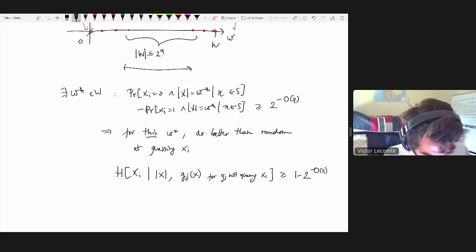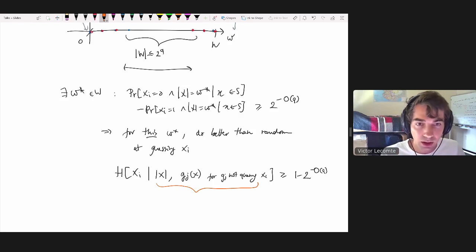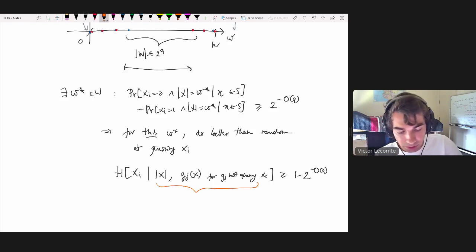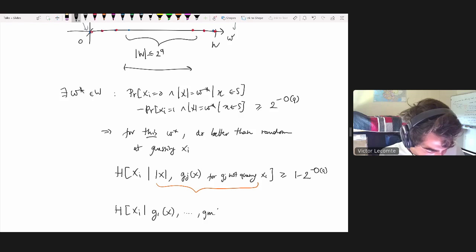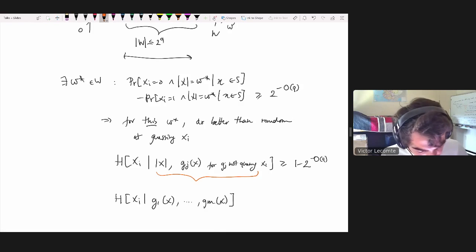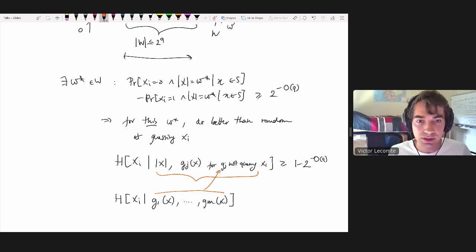And we're almost done. The last step is just to observe that the actual entropy that we had to lower bound was this entropy, where you know everything about the results of the functions. This is a stronger conditioning, because clearly if you know all of these, and you know all of the ones that do not carry xi, and since you know all the results of the subfunctions, you can plug them into H and figure out the Hamming weight.